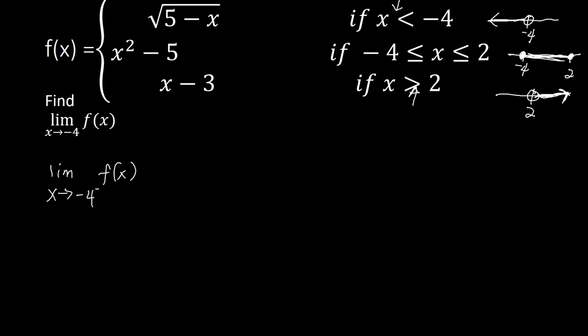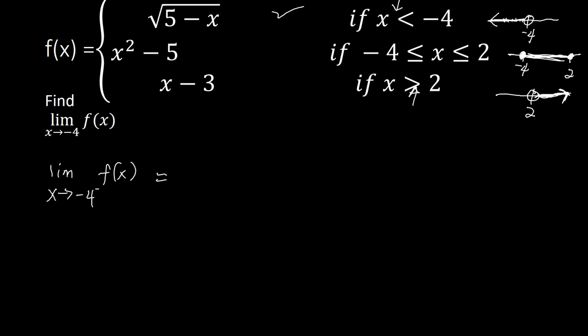So checking, we've got the limit of the function f of x as x approaches negative 4 coming from the left side. We are basically looking for the first function because here we've got negative 4 and the values included here are towards the left side of negative 4. So when you say coming from the left side of negative 4, these are the values that we're including.